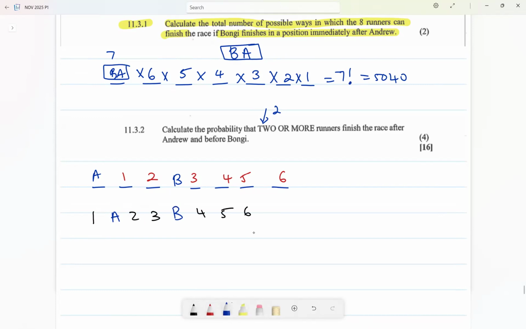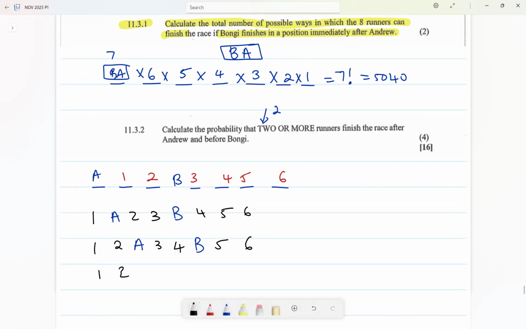Or we can have, I'm going to take this manually, by the way. I'm just starting with 2 and seeing the possible ways in which it can happen. So it can be 1, 2, and then Andrew, and then 3, 4, Bongi, 5, 6. I want to see a pattern.